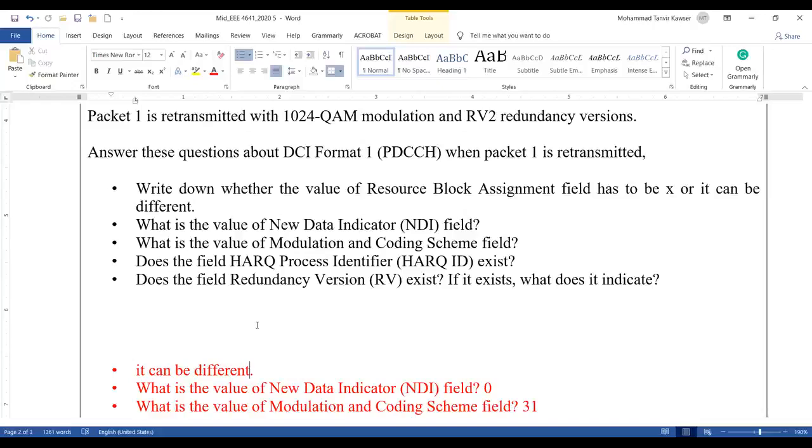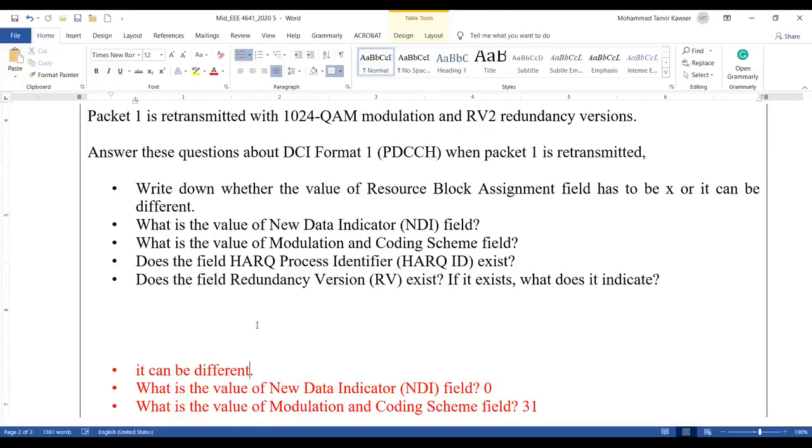Especially for downlink, RBs can be allocated, but about the timing of these subframes, there are certain time gaps that you have to maintain, like 8, 4, sometimes 4, then 4 plus 4, 8, or 12, whatever.